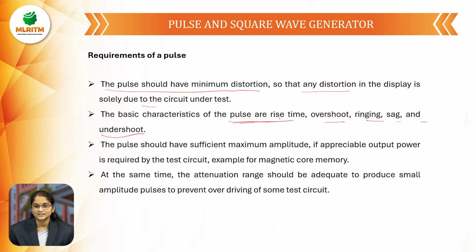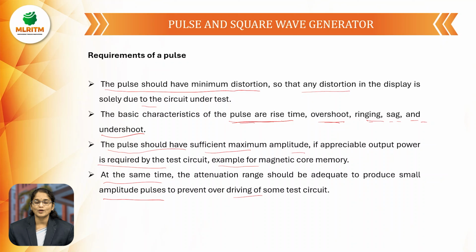Already we discussed the pulse and rise time, the overshoot and rising sag, and the undershoot. The pulse should have sufficient maximum amplitude if appreciable output power is required by the test circuit, for example magnetic core memory. At the same time, the attenuation should be adequate to produce small amplitude pulses to prevent overdriving of some test circuits.